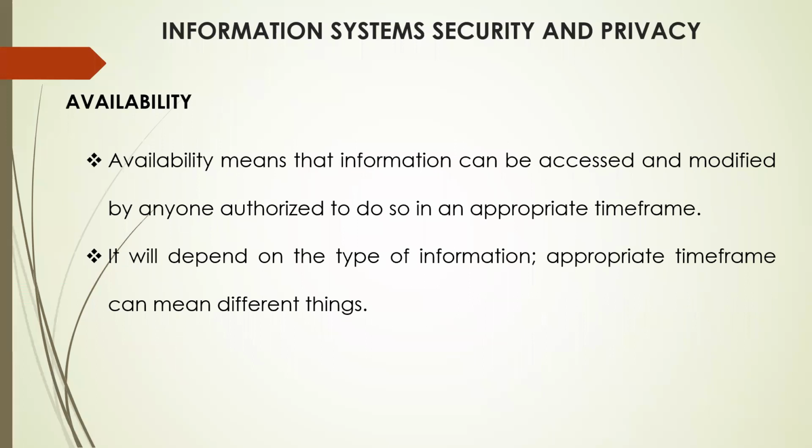So for example, a stock trader needs information to be available immediately, while a salesperson may be happy to get sales numbers for the day in a report the next morning. Companies such as Amazon will require their servers to be available 24 hours a day, 7 days a week. Other companies may not suffer if their web servers are down for a few minutes occasionally.